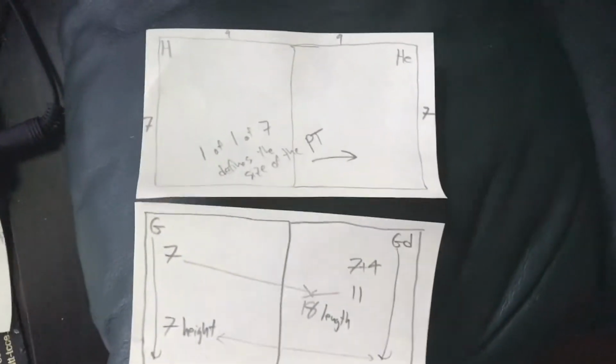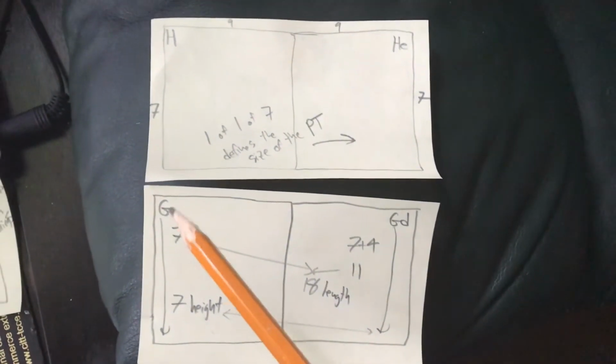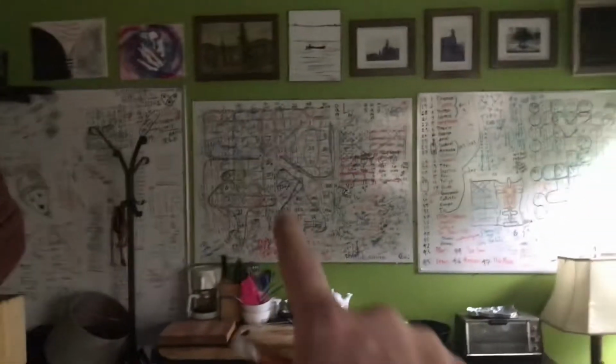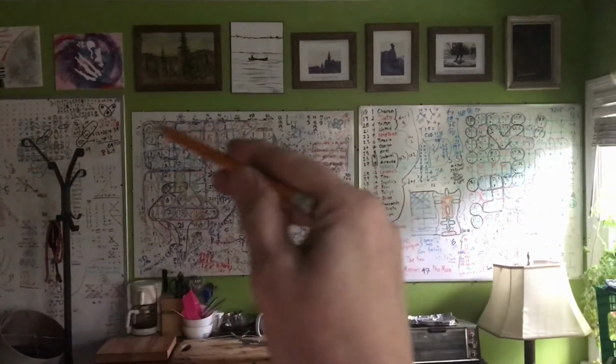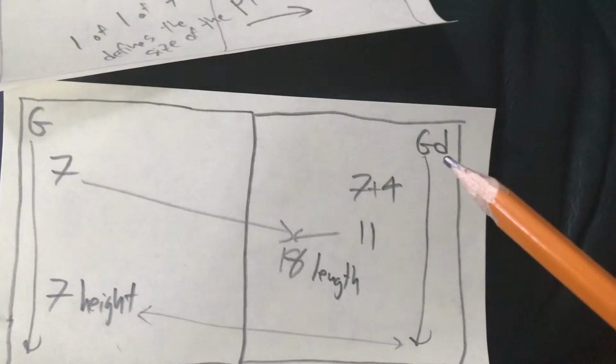So, the reason I know I'm right is because of the similarities of this step to my reckoner. Hey look, you're starting with the G in the corner. That's your G. Hey look, this one's GD.